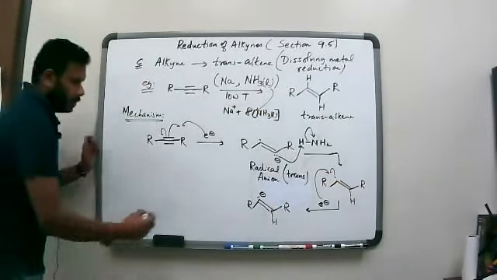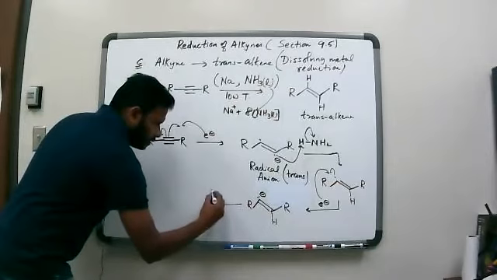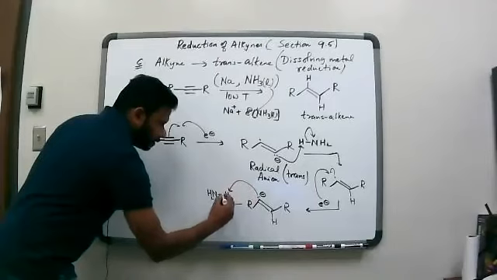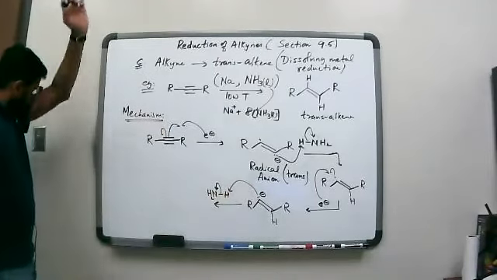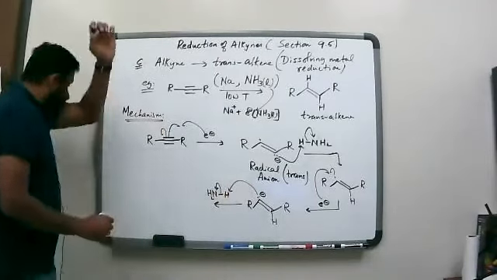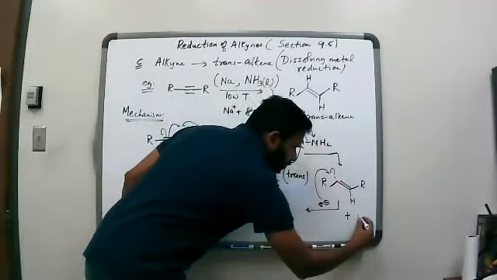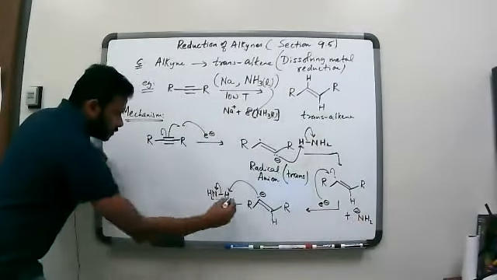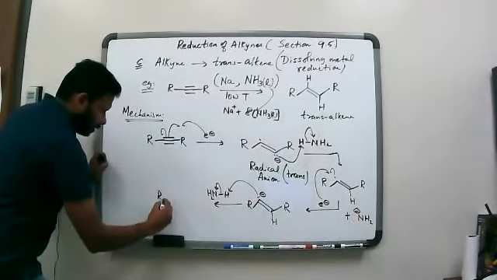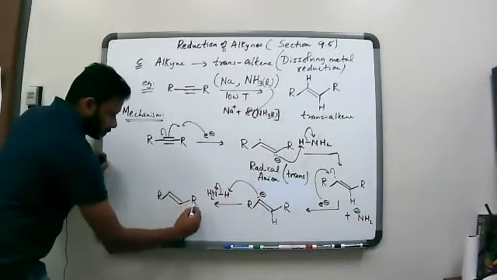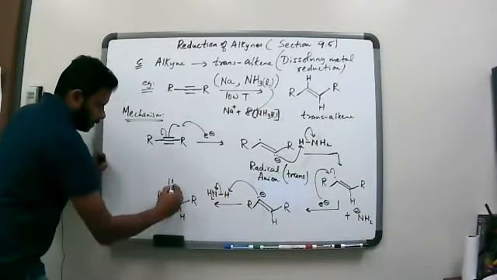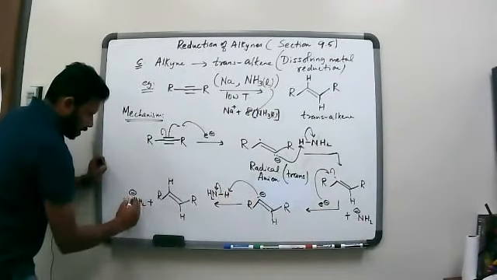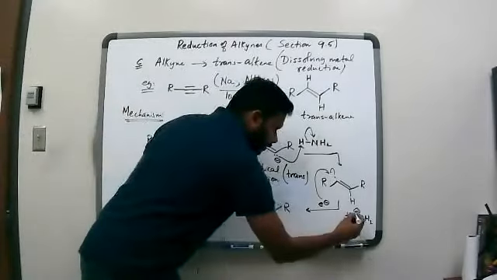Okay, and then finally this anion deprotonates another molecule of ammonia. Okay, it grabs a proton. When it deprotonates here, you're going to make NH2 minus. So it's going to deprotonate again, and what we get is an alkene where the two hydrogens were added in a trans fashion.